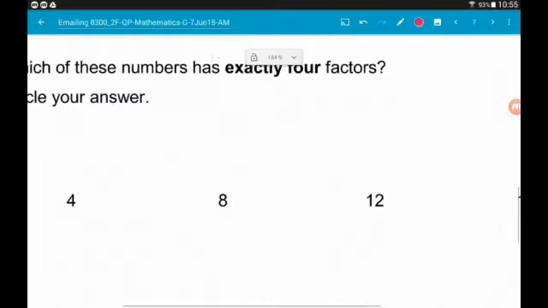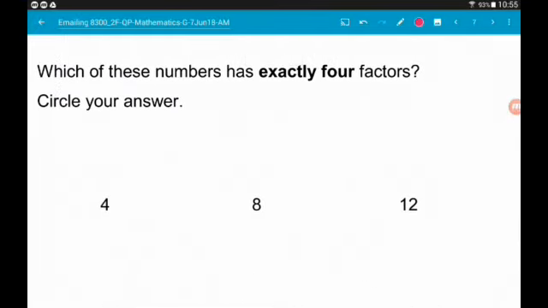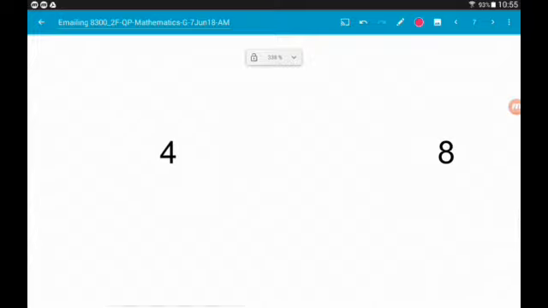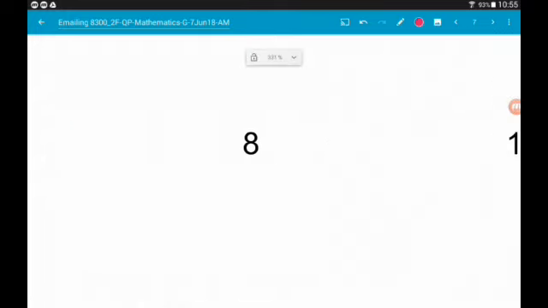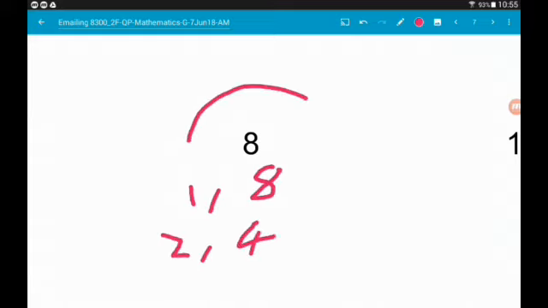Question 10 asks which of these numbers has exactly 4 factors. So factors are numbers that divide a bigger number exactly. So 4 has 1, 2 and 4. So 8 has 1 and 8, 2 and 4.